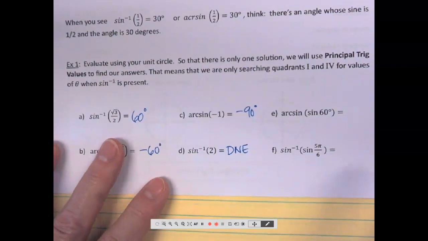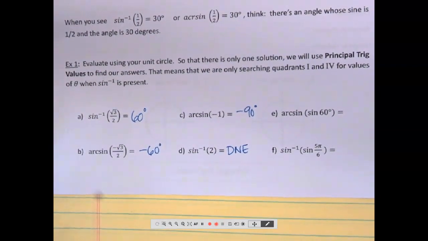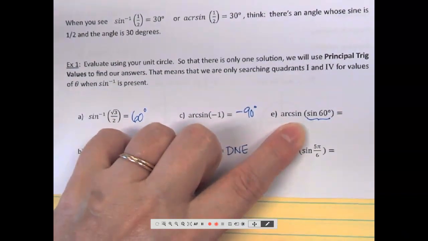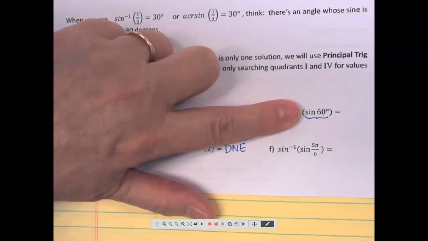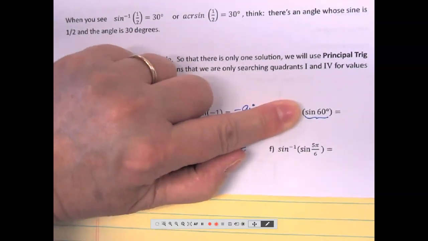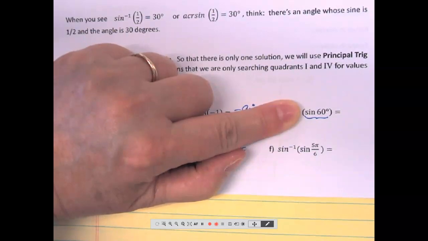Okay, let's look at E. Arc sine, or sine inverse, of sine 60. Okay, so when we see parentheses, we usually start with those, right? So look at your unit circle. What is the sine of 60? I'm totally ignoring arc sine for now. What can I replace sine 60 with? Square root of 3 over 2.